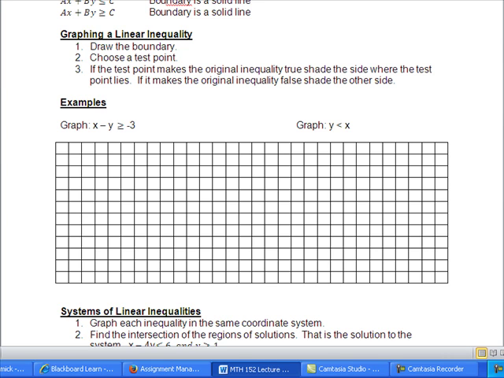Okay, so we draw our y-axis and our x-axis for the first one. And we have x minus y is equal to -3. So I'm going to put 0 in for y. That means x would be -3.